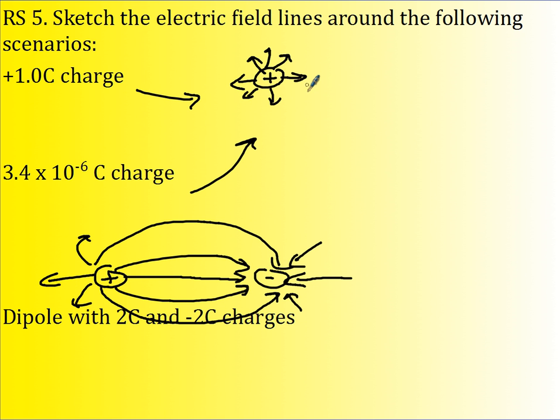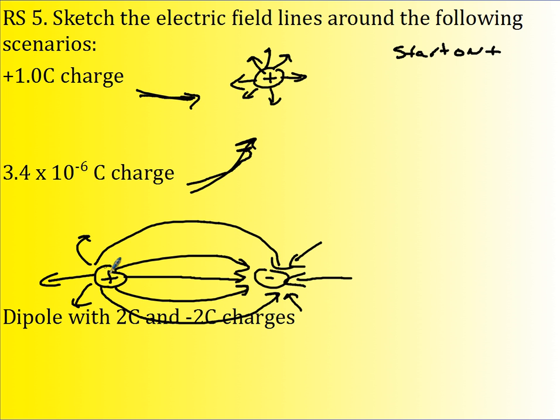Sketch electric field lines around the following. If you have a positive charge, remember they start on positive, and if it's a point charge, it just goes radially outward. This one I gave you an actual value of the charge, but it doesn't really matter. It would be the exact same diagram as a 1 coulomb charge, unless we were comparing them.